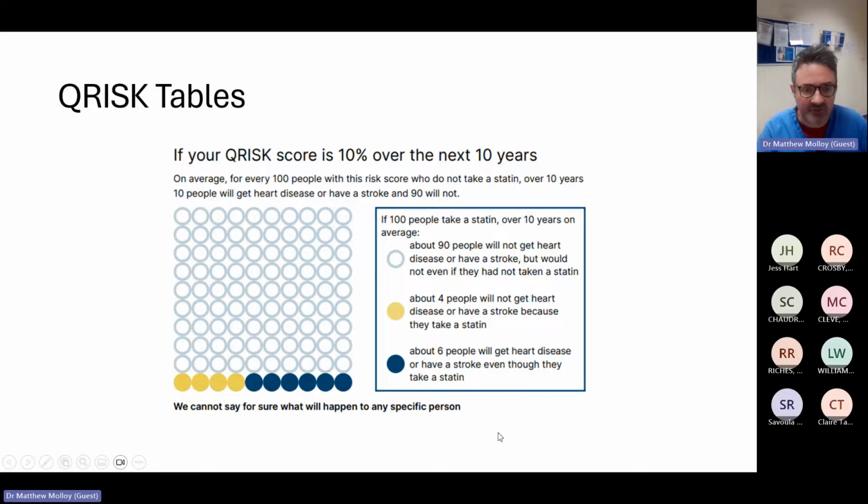So I use this tool, which is on the NICE website, to discuss statins with patients to try and encourage them to take them. It's not always an easy conversation to have, because there has been lots of negative press about statins and there has been reluctance to take them.